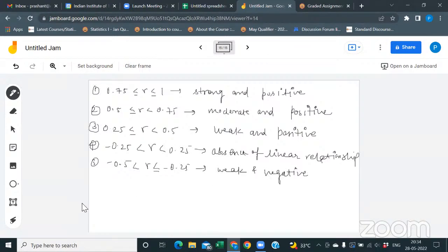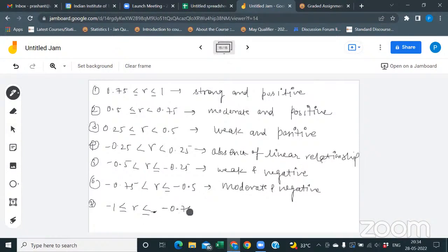And another one is minus 0.75 to minus 0.5, then it will be moderate and negative. And next, if your R lies between minus 1 to minus 0.75, then it will be strong and negative.